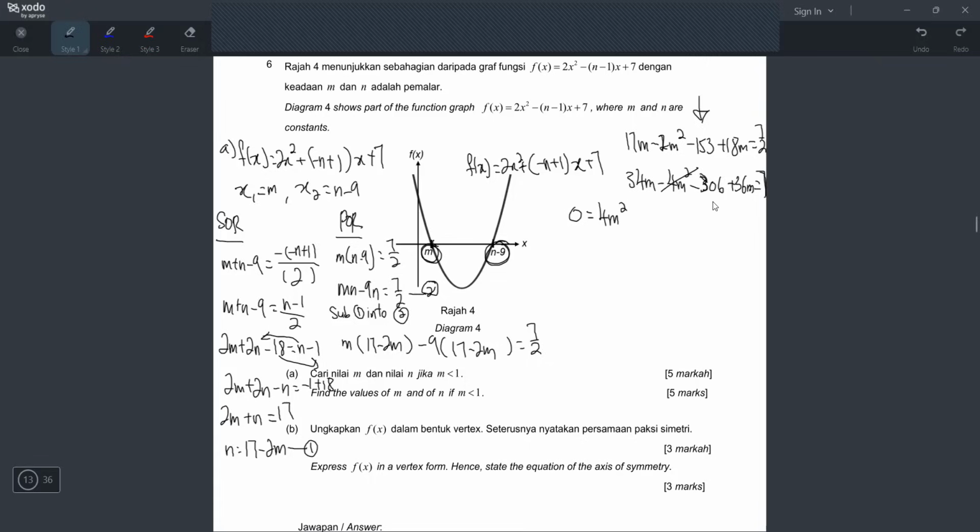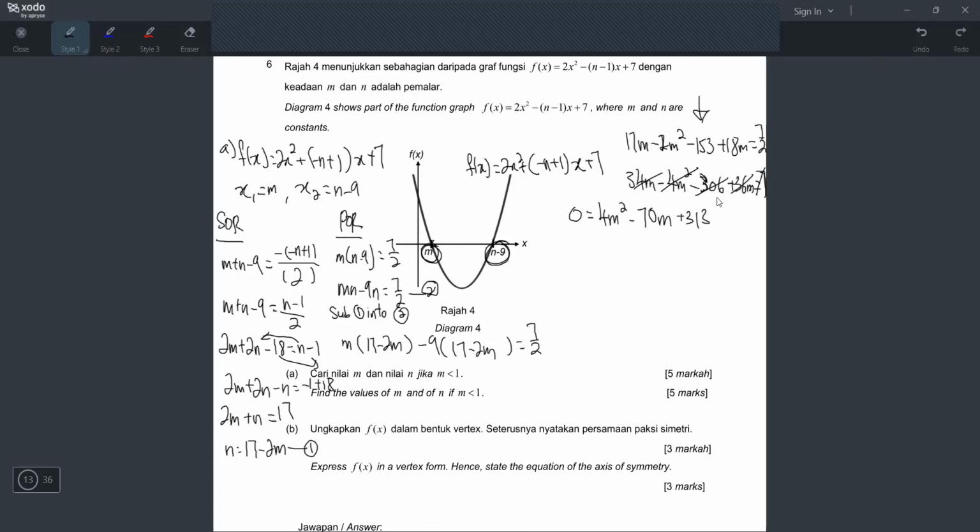And then 36m plus 34m, what you get? 70m. But we have to move it to the other side, become negative 70m. And then finally it's just 7 minus 306, move there, become plus 306. So what is 7 plus 306? 313, right? So it will be plus 313 here, right?